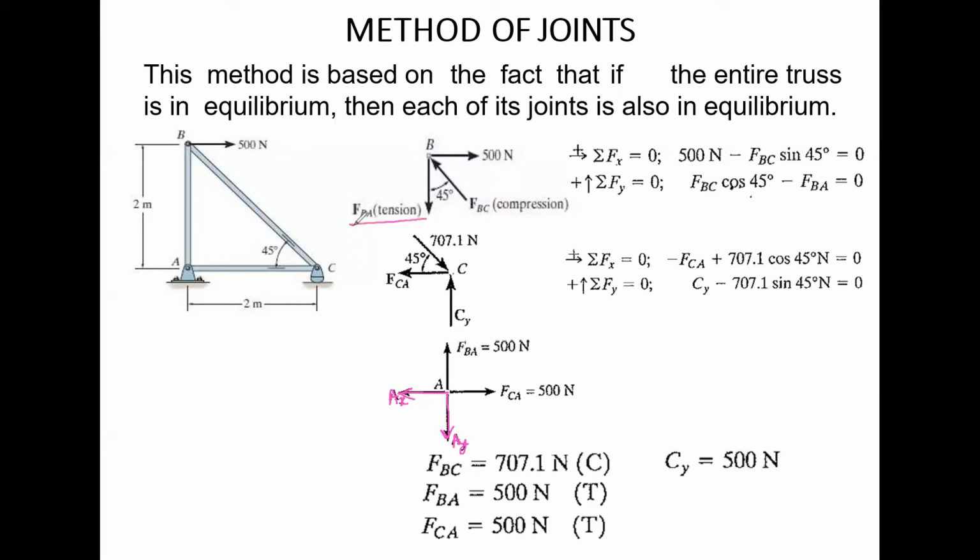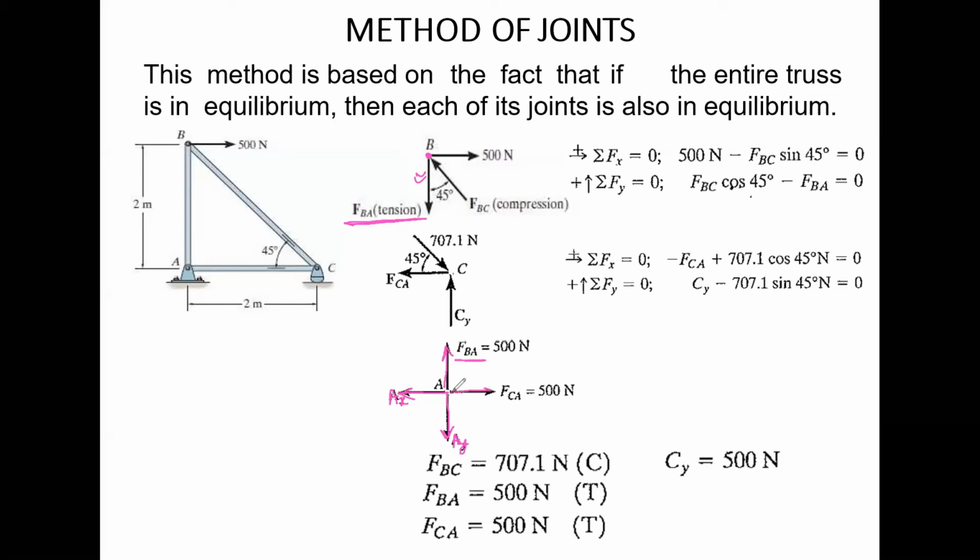Okay, now FBA. Here we have already assigned this FBA in the FBD of point B. So now we are not free to take any direction of FBA. We have to take the direction of FBA opposite to this direction, to maintain equilibrium. So that's why we are taking this force FBA vertically upward. Clear?